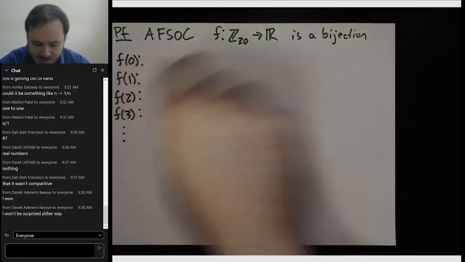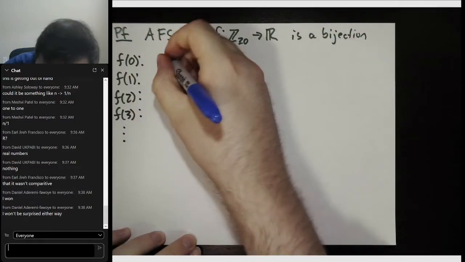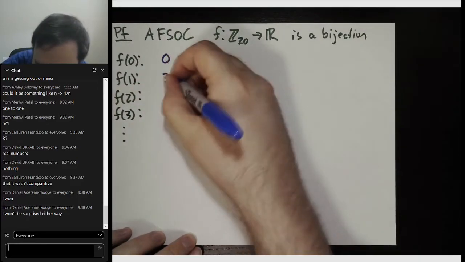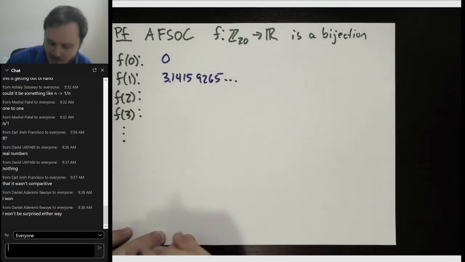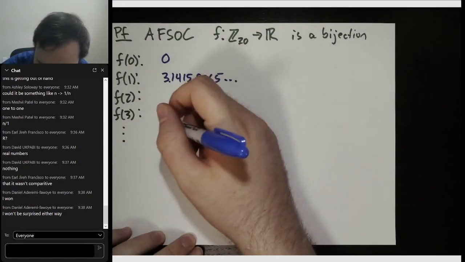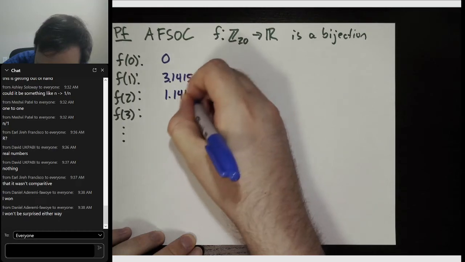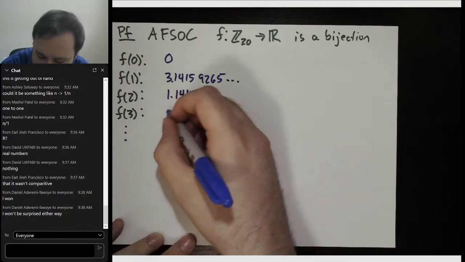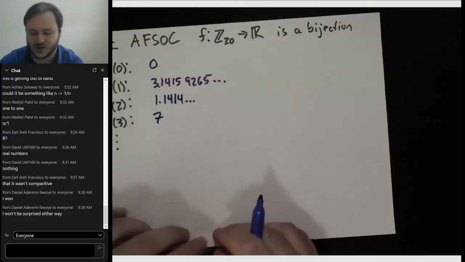And each one of these is supposed to be some real number. So maybe f of 0 is 0. That's a real number. And f of 1, let's say it's pi. And f of 2, let's say, is the square root of 2, 1, 4, blah, blah, blah. And f of 3 can be 7, for all I care. Right? I have a list of real numbers.